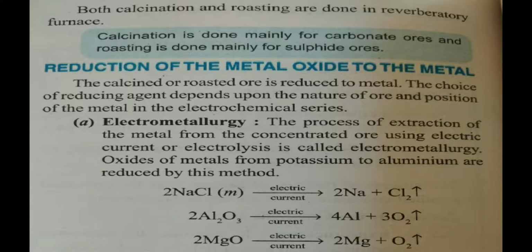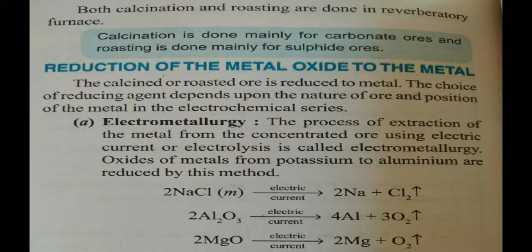Reduction of the metal oxide to the metal. The calcined or roasted ore is reduced to metal. The choice of reducing agent depends upon the nature of the ore and the position of the metal in the electrochemical series.